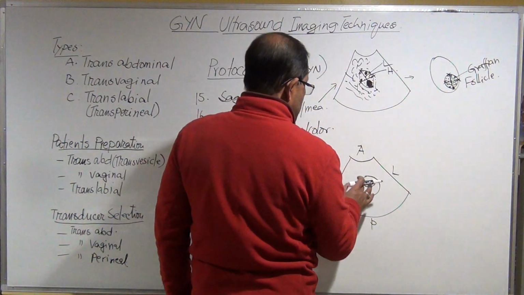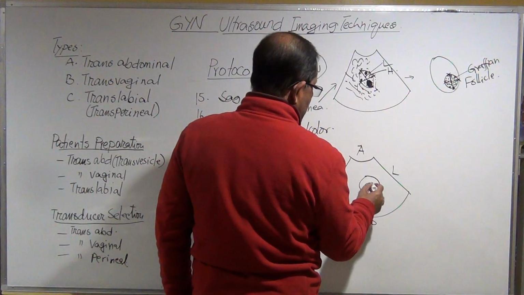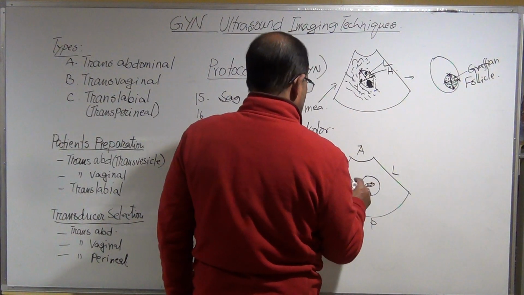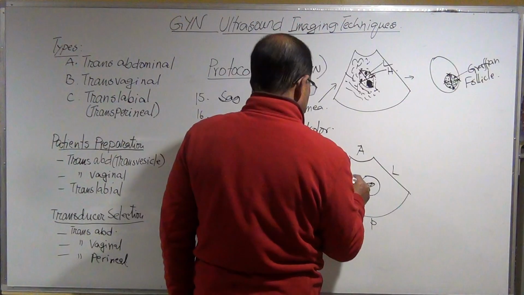So now this is the uterus in transverse view, and this is the right ovary.